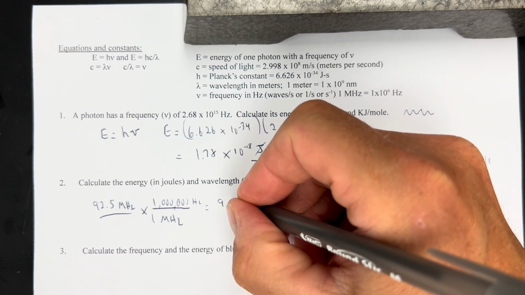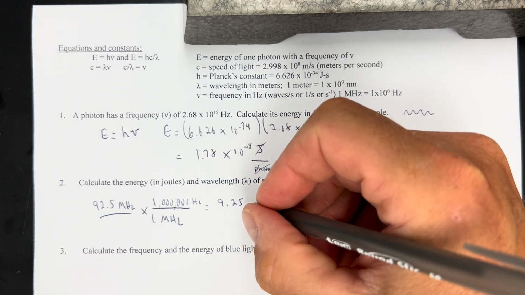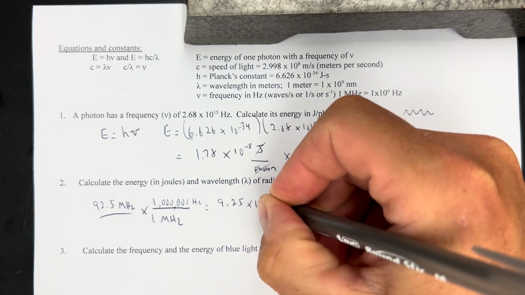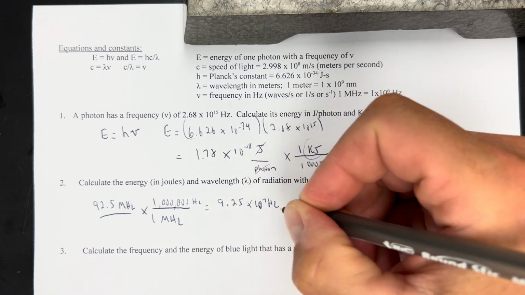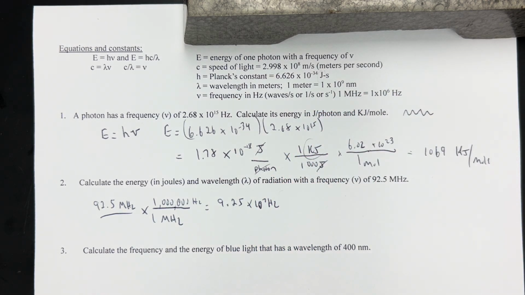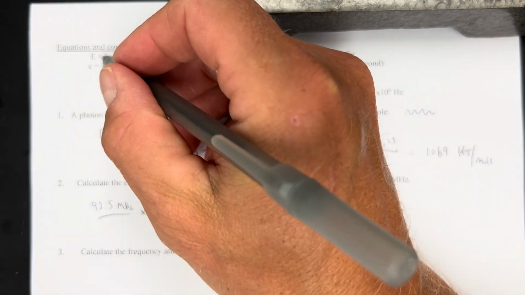So 9.25 times 10 to the 7th hertz. Remember, that is waves per second. We need energy and we need wavelength. Energy and wavelength.